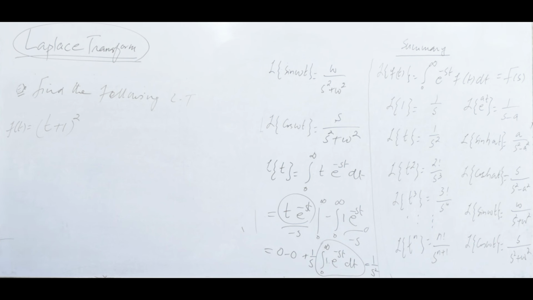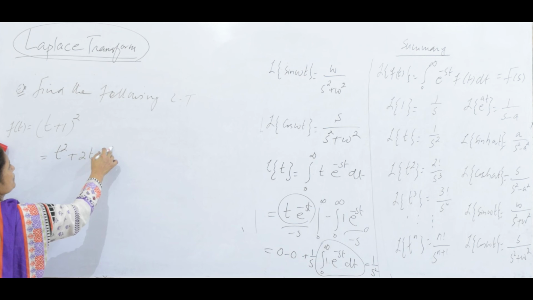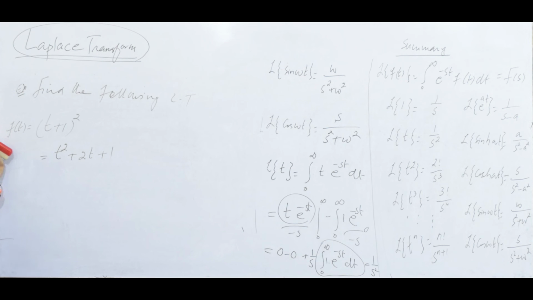You do not know the Laplace transform of t plus 1 whole square, so you have to expand the square: t square plus 2t plus 1.